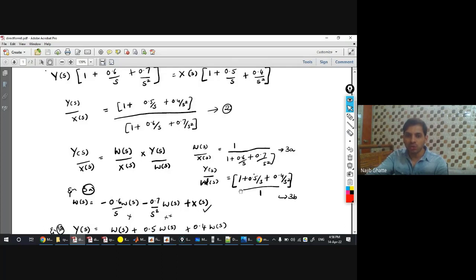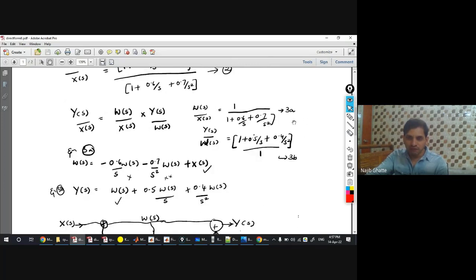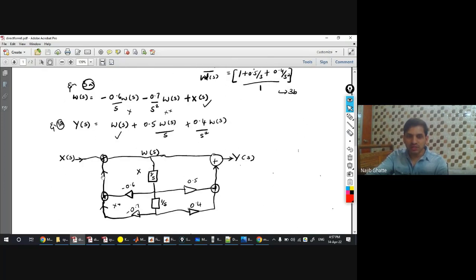So now we have two equations, equation number 3a as w upon x and equation 3b as y upon w, wherein 3a corresponds to 1 upon denominator and 3b is basically numerator upon 1. Now, equation 3a will be used to construct this graph, and similarly equation 3b can be used to construct the remaining part of the graph.